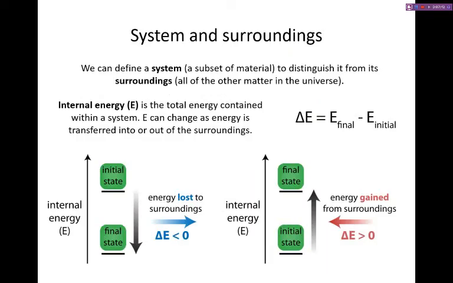Let's now talk about systems and surroundings. In chemistry, what we pay attention to, the chemical reactions, those make up our system. And everything else is what we call the surroundings. So if you're doing a chemical reaction, say that you've got water and you're putting in a salt into it and they dissolve.